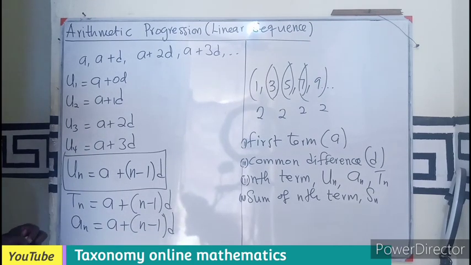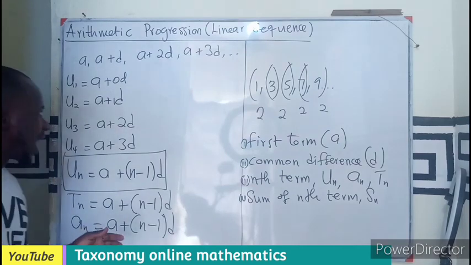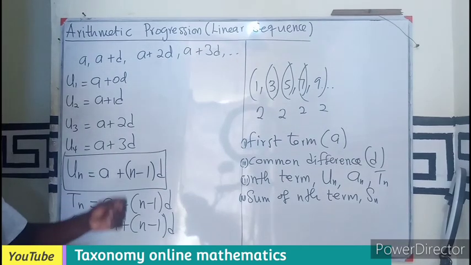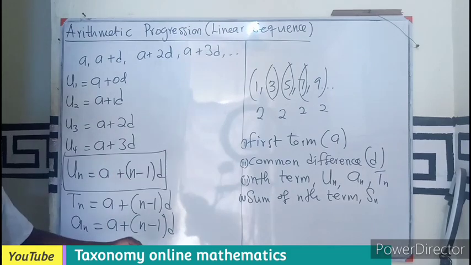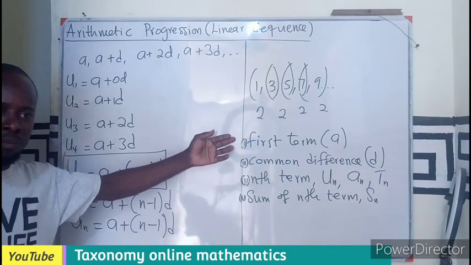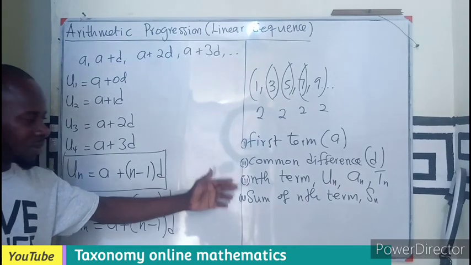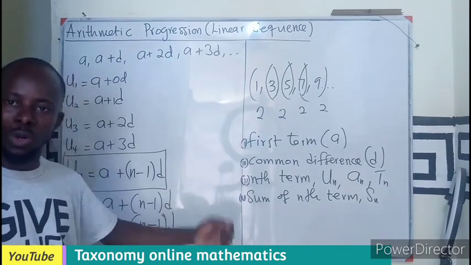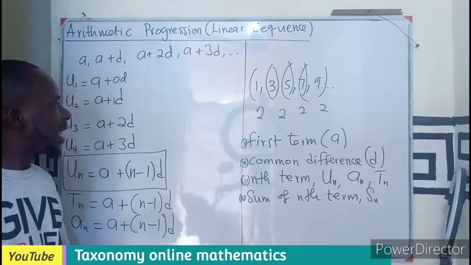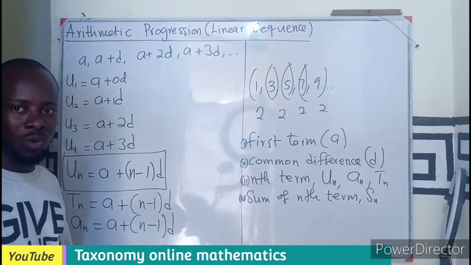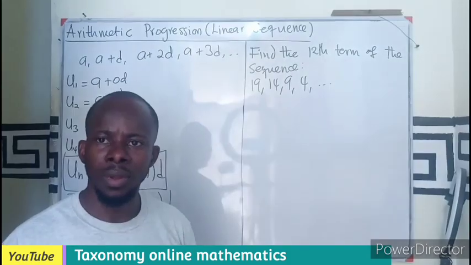This is the formula used to find the nth term in a sequence. We made use of the first term and the common difference. This is the sum, which we will deal with extensively in a subsequent episode.